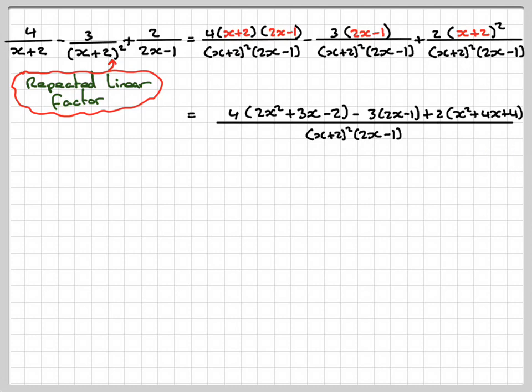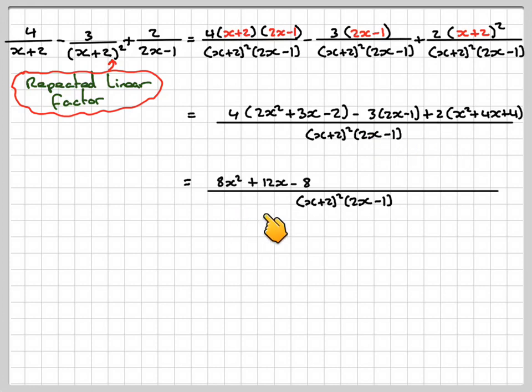Taking the 4, the minus 3 and the 2 into the brackets, we're going to get 8x squared plus 12x minus 8, minus 6x plus 3, plus 2x squared plus 8x plus 8.